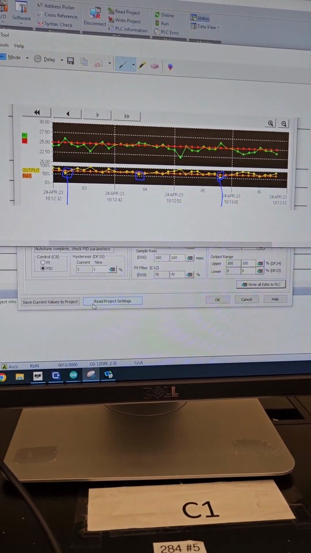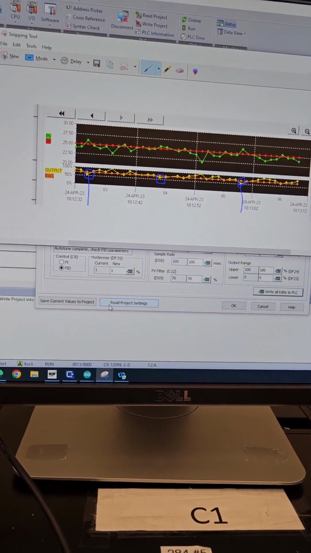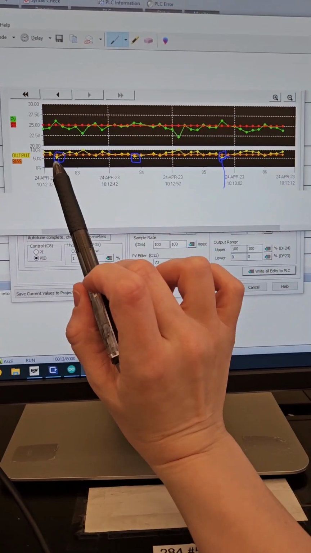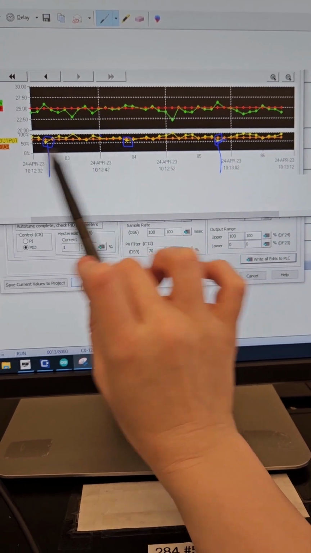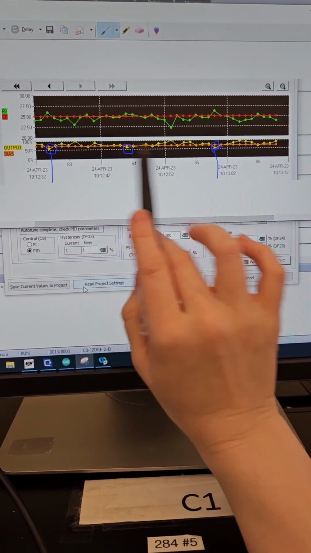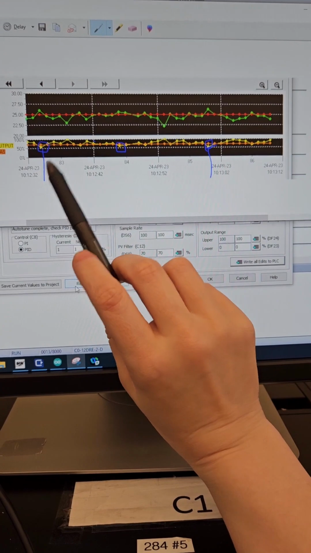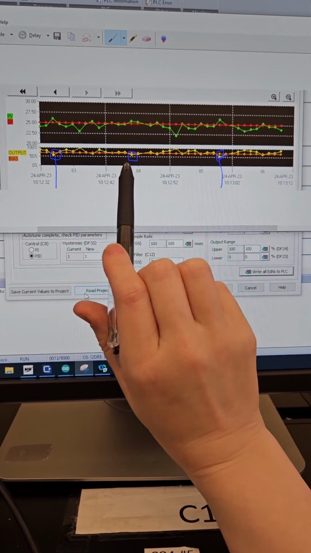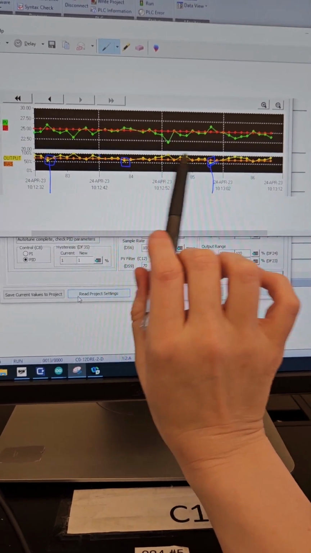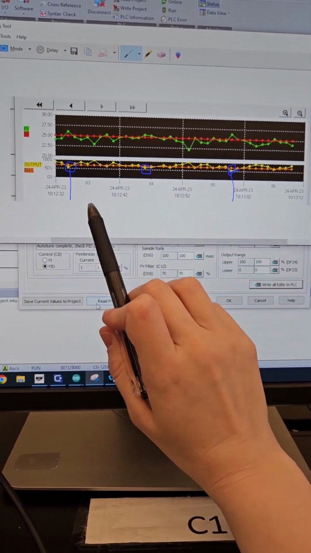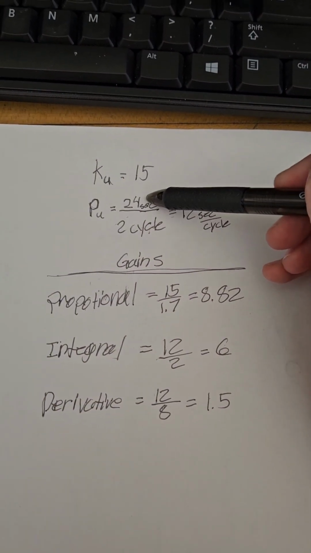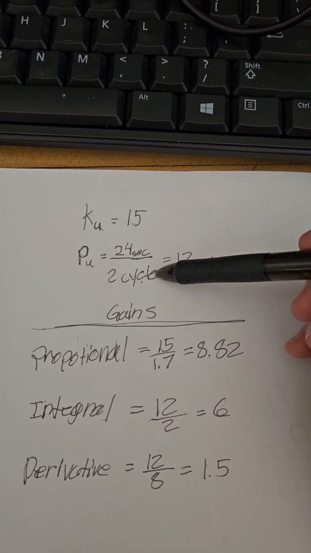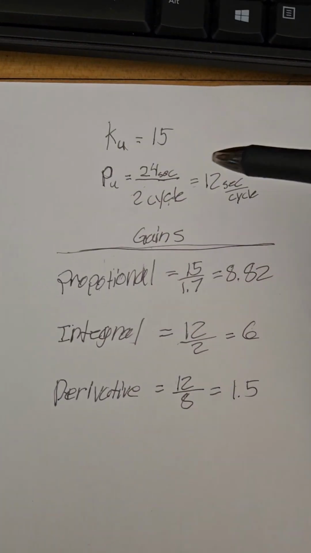And then for our period time, we went with how many cycles were in the output and bias graph. And then we saw 2 cycles. So it was 2 cycles over a period of 12 seconds. So we did period of 24 seconds divided by 2 cycles gave us 12.